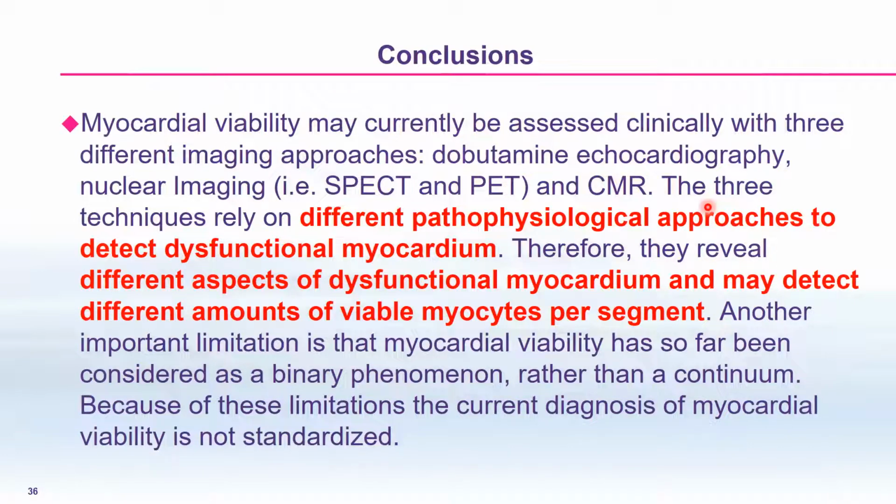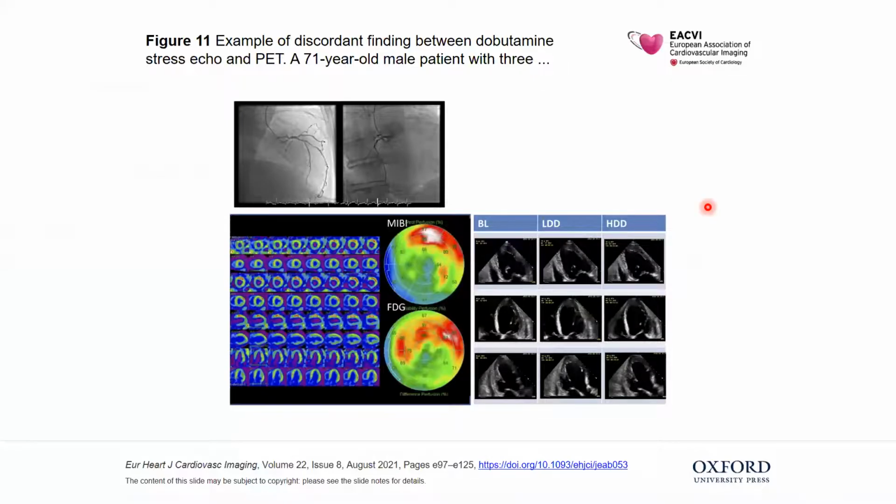So we can use different techniques, and these different techniques and modalities look at different pathophysiological problems in the dysfunctional myocardium. So it may happen that different techniques will give you different information or different results. And I'll show you such an example. This is from the document of ACVI.